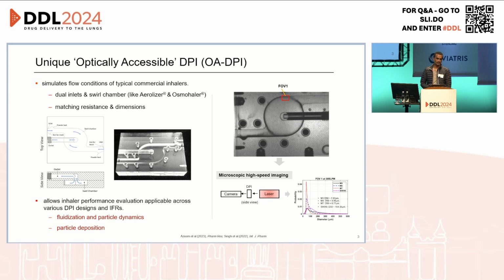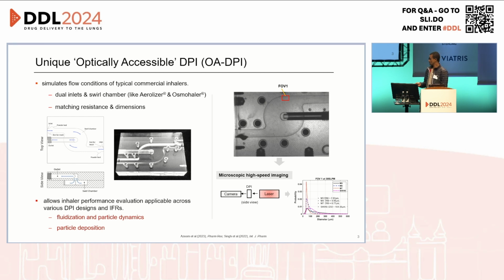So as a solution for the first problem, our group has come up with an optically accessible DPI device, which can be used as a testing platform for various DPI devices. This device, which we call OA DPI, simulates a number of flow conditions of typical commercial inhalers.